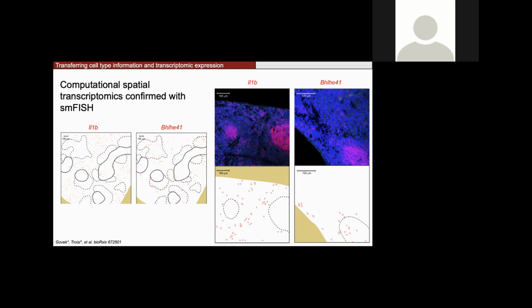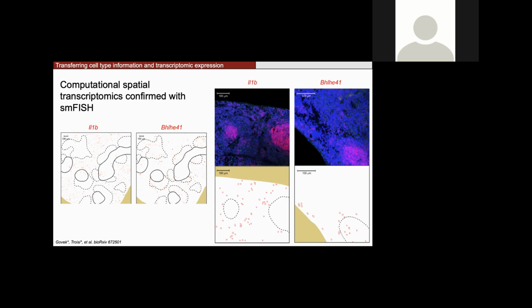Since the green is a little bit hard to see, we also have hand-drawn renderings of these FISH images, where now the B cell zones are outlined using dotted lines, and then the red cells are the ones expressing our markers of interest. So we can see that it's a little bit clearer in these plots. These FISH images do confirm our predicted expression of these markers.